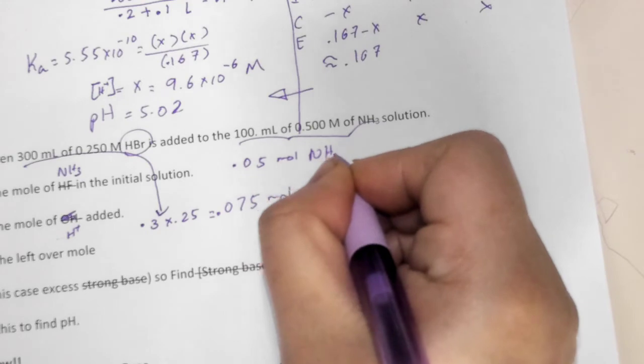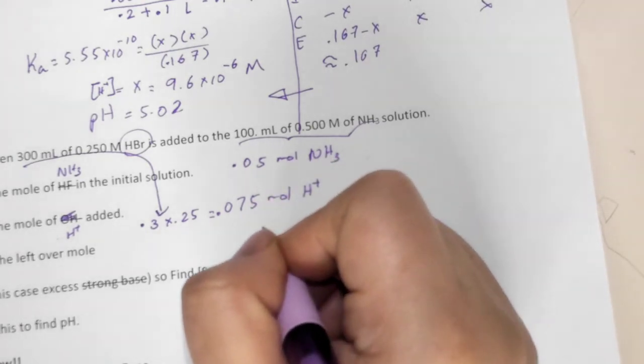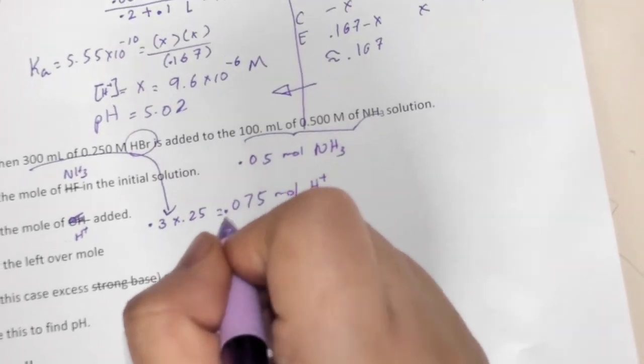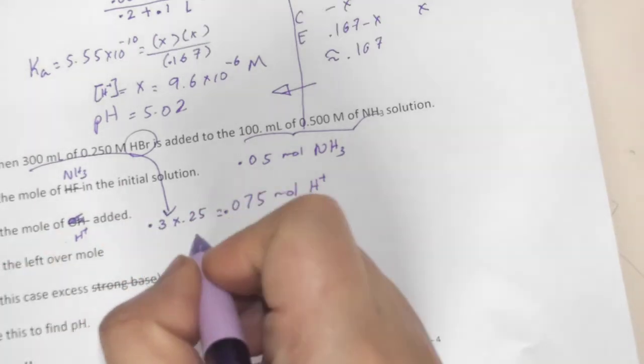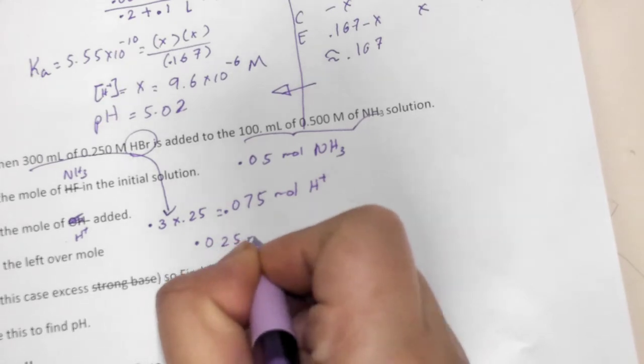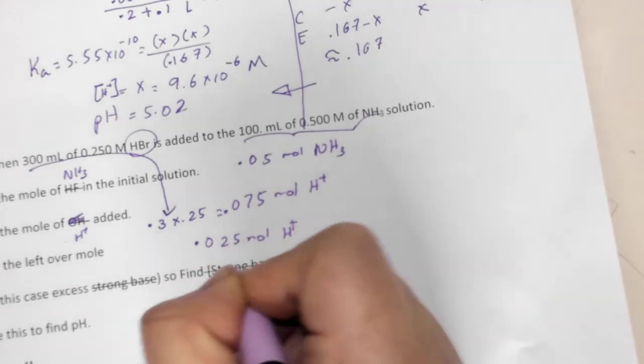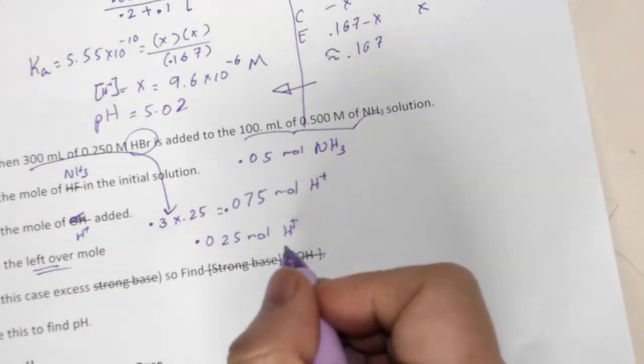This is NH3. So which is bigger? Well, obviously this is bigger. So you're going to have that minus 0.05. We're going to see 0.025 mole of H plus is extra, leftover excess.